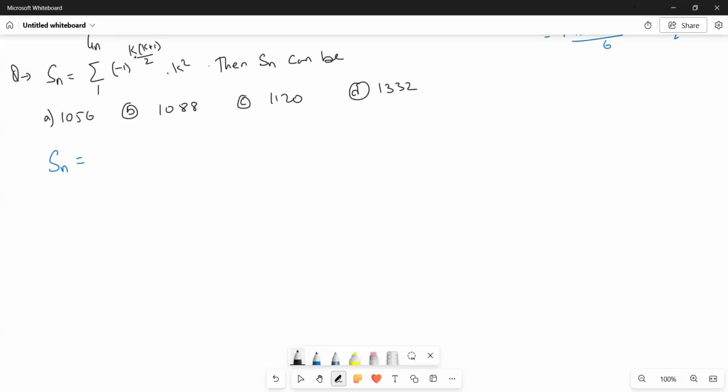सो इफ यू प्लग इन k as 1, तो 1 2 1 ये आ जाएगा, माइनस, द फर्स्ट टर्म ओवर हियर वुड बी -1 स्क्वायर.